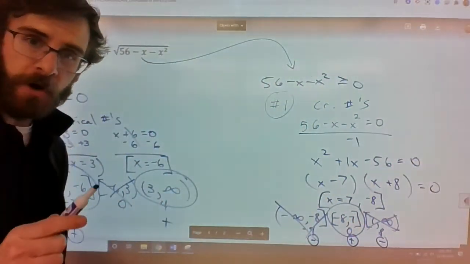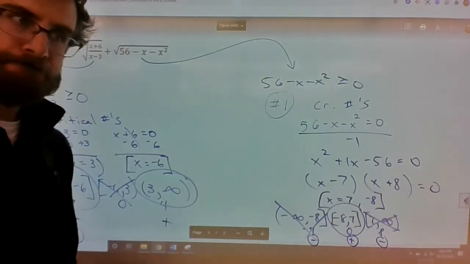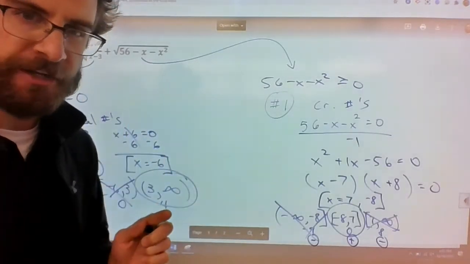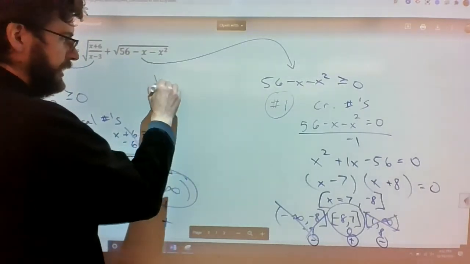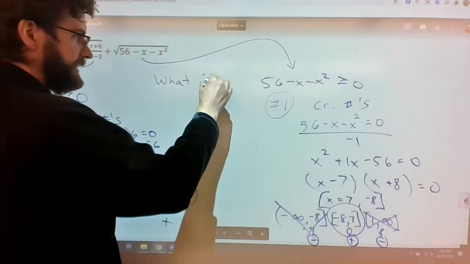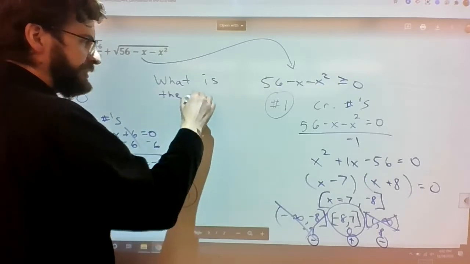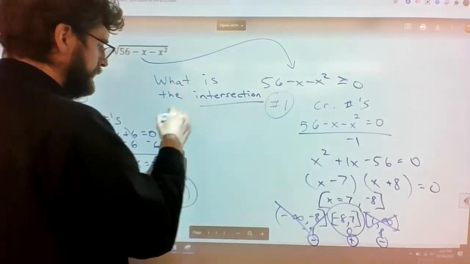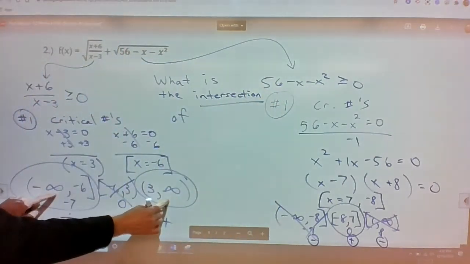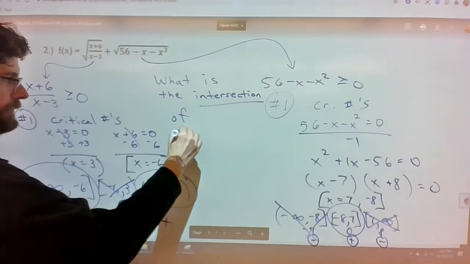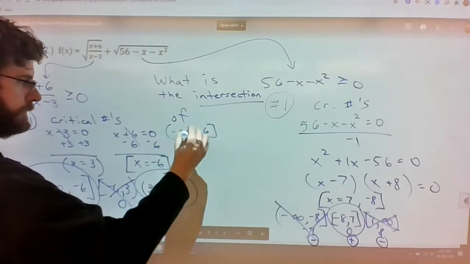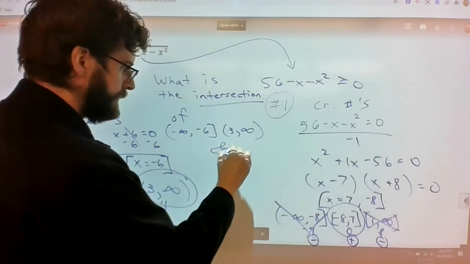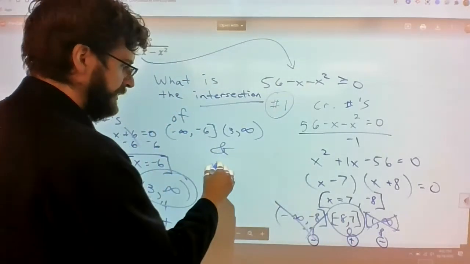So this is where a lot of times students just don't know where to go from here. Here's what you've got to do. You've got to ask yourself the question, what is the intersection or shared space of these and this?